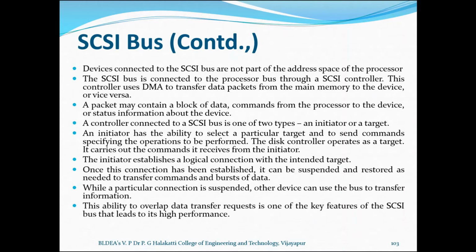A packet may contain a block of data, a command from the processor to the device, or status information about the device. Each device is connected through a controller which implements the communication protocol needed to transfer information over the bus.